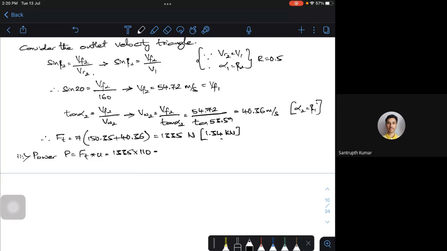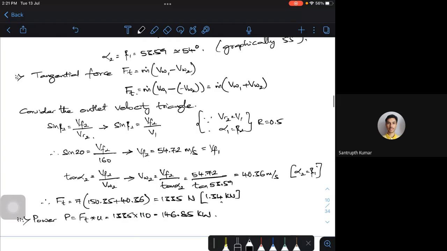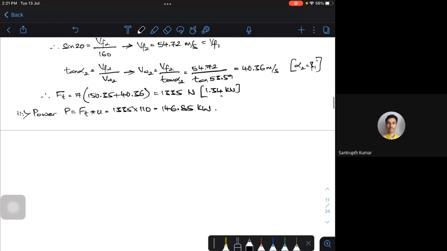So I am getting around 146.85 kilowatts. That's it. So this is all the things we have found: beta 1, tangential force, and the power developed. All the quantities which they have asked, we are able to find. And this is for your Parsons turbine.